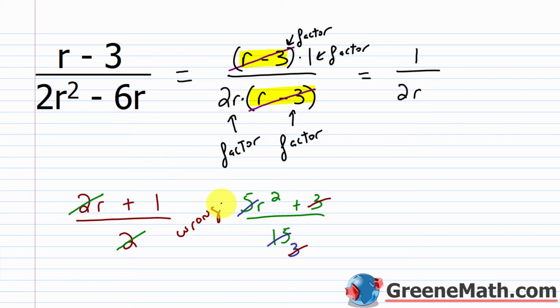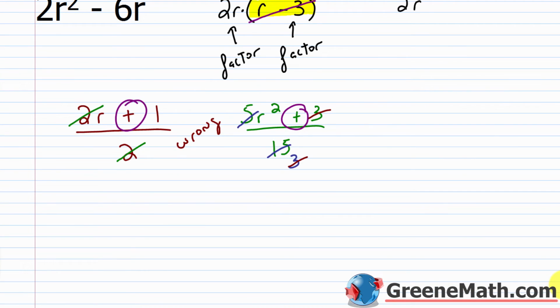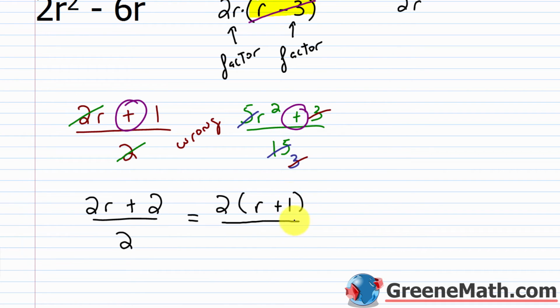These are both wrong. Why are they wrong? Well, because I'm canceling common factors. This is just addition here. This is addition. It's not multiplication. I can't cancel anything. Where I can cancel, if I saw something like, let's say, 2r plus 2 over 2, and I factored my numerator, I notice that there's a 2 that's common to each term there. So I write this as 2 times the quantity r plus 1 over 2.